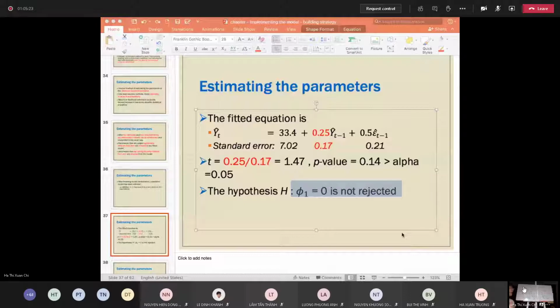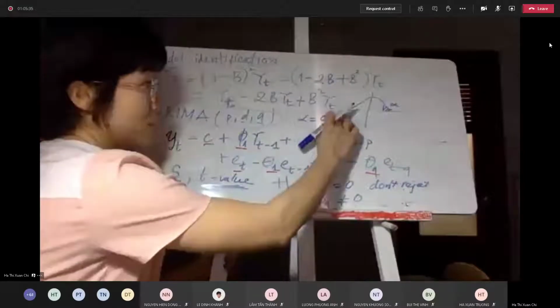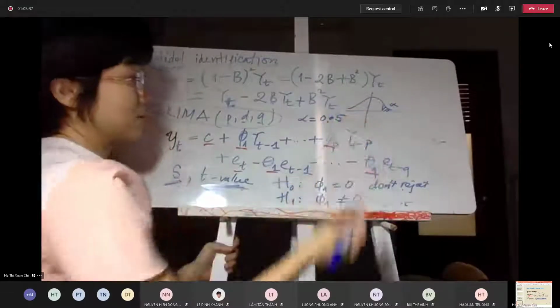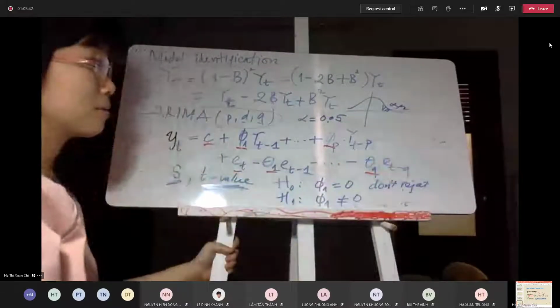So here it depends on the alpha and the p value. For example, alpha equal to 0.01 is 99%, but usually alpha is 0.05. But this should be alpha divided by 2, right?